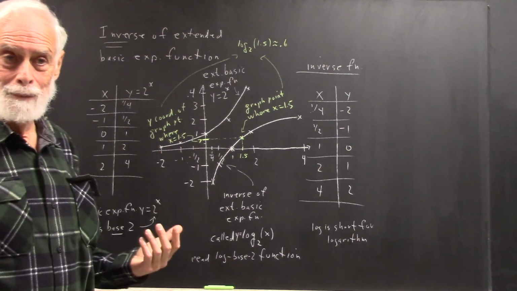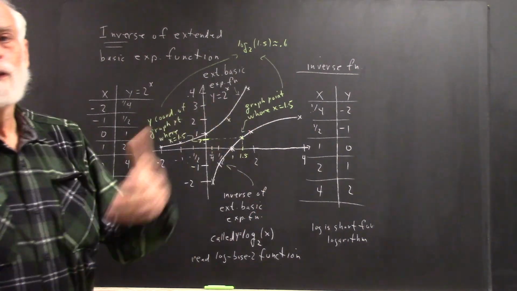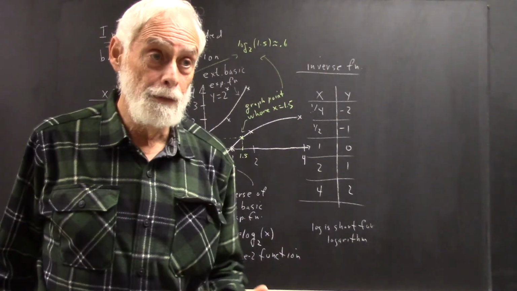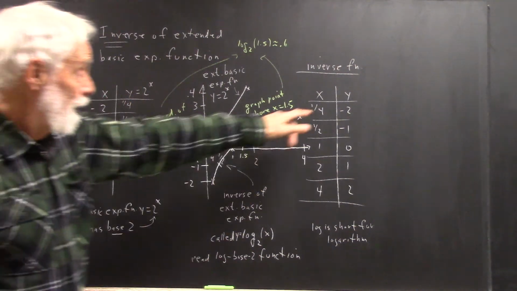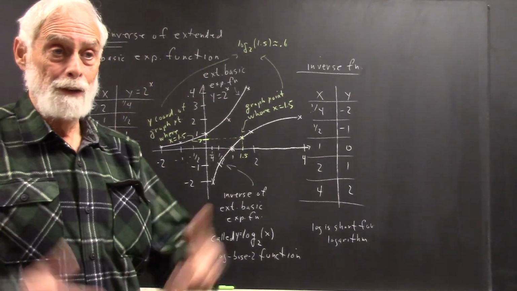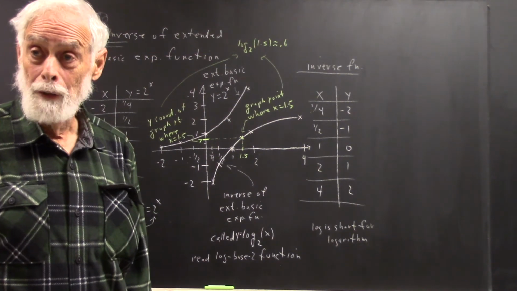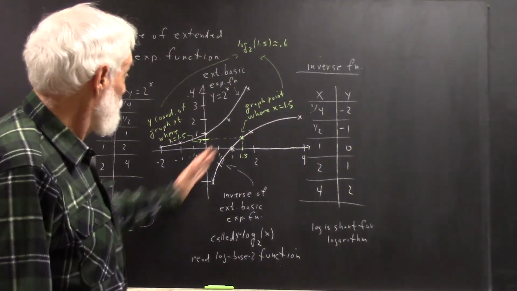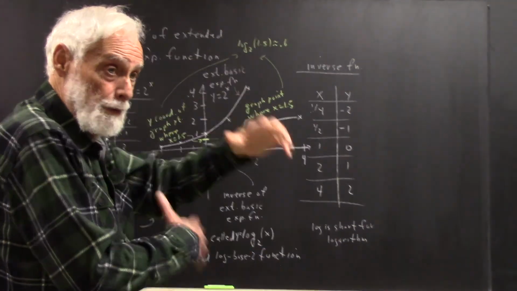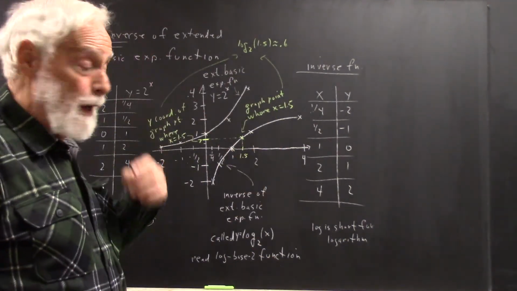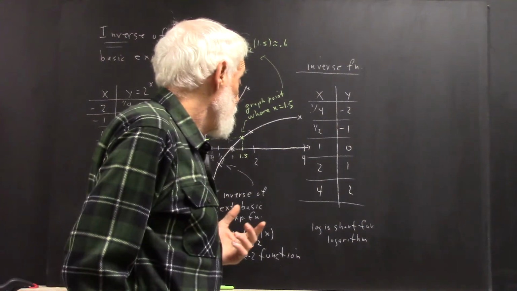You sure can. Can you do the inverse of the basic squaring function? I mean, it's always the same. You make your table and you reverse the columns and you sketch the graph. Okay? There's kind of symmetry in these graphs, isn't there? Sort of, kind of reflection symmetry. Okay? We'll talk about that.